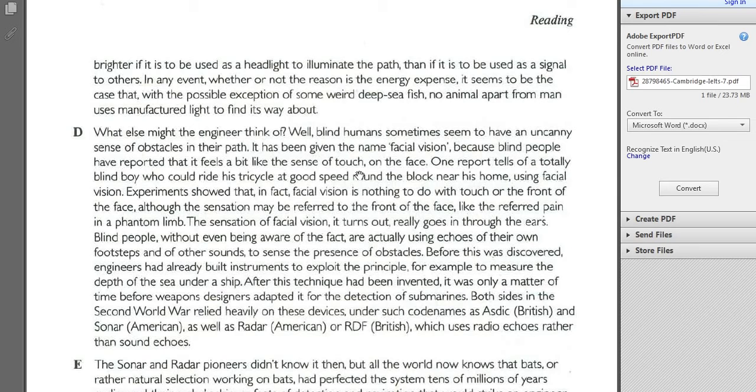Now what I need to do is read carefully this section of the text where I think the answer will be. This is called close reading.